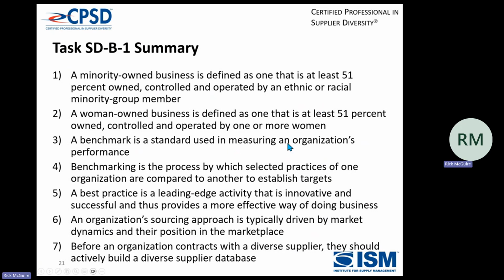A benchmark is a standard used in measuring an organization's performance, and benchmarking is the process by which selected practices of one organization are compared to another to establish targets. A best practice is a leading edge activity that is innovative and successful and thus provides a more effective way of doing business. So benchmarking and best practices go together.